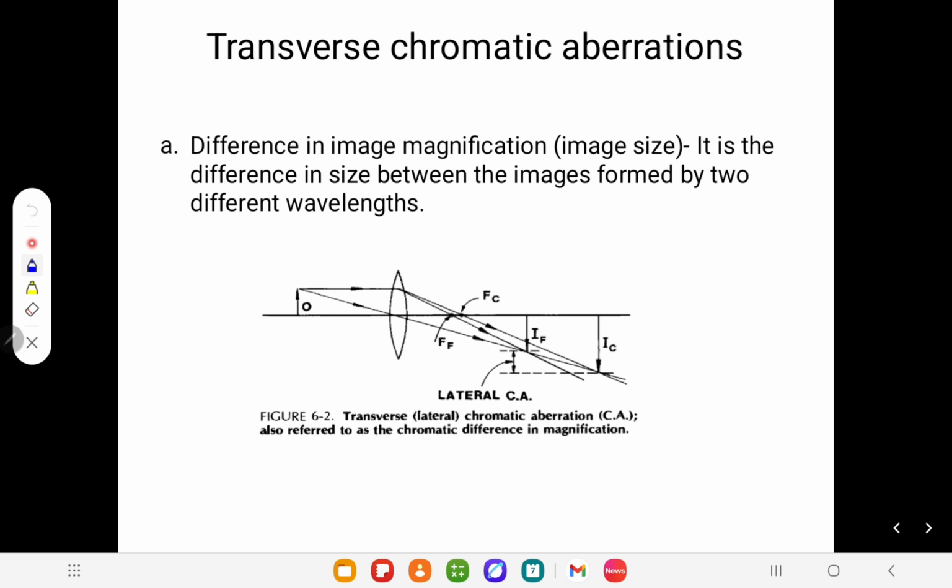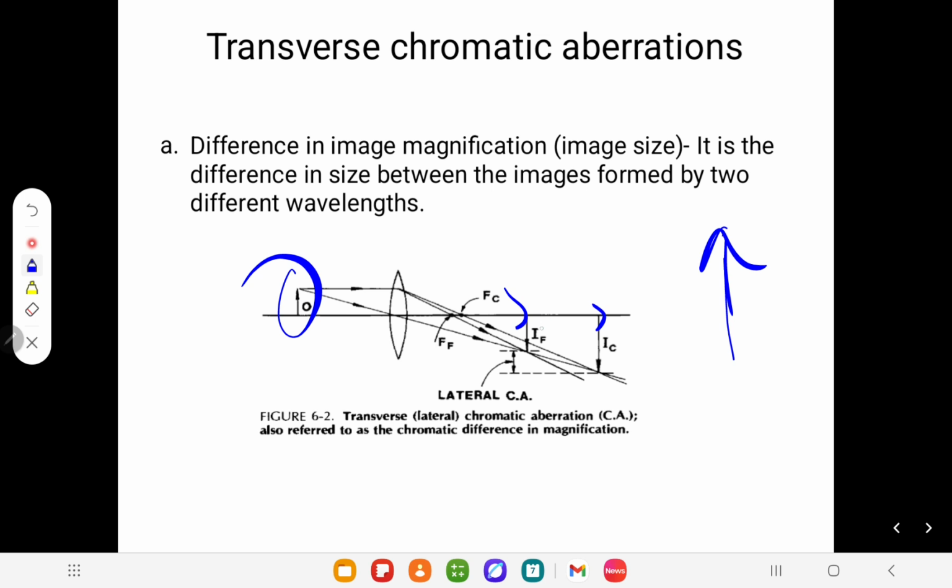Now let's talk about transverse chromatic aberration. Transverse means the height, isn't it? So it is not about the position of the image, where blue comes here and red comes here. It's about the height of the image. If the object is the same, the image height is different.